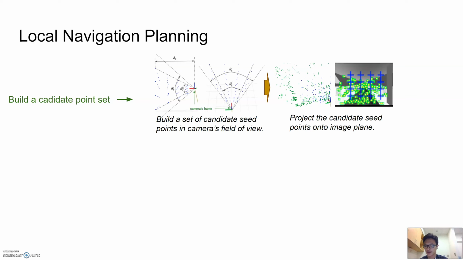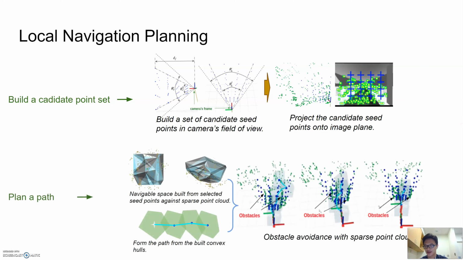Each candidate point carries a possibility of being selected as a seed point for a convex hull. We examine each candidate point's safety score, which is proportional to the maximum volume of a convex hull that can grow at the candidate point. Finally, the path will be formed by a set of candidate points which have the maximum sum of the safety scores.